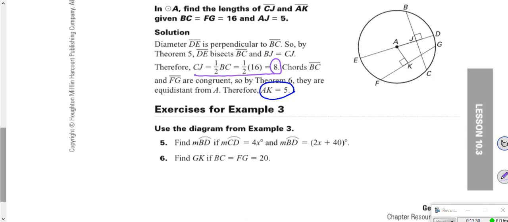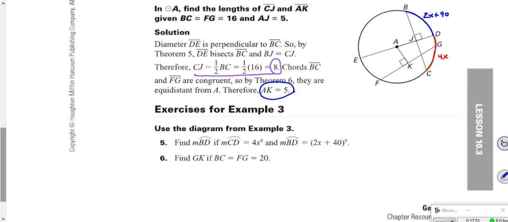So if CD, this right here, is 4x degrees, and the measure of BD is 2x plus 40. So BD here, 2x plus 40.